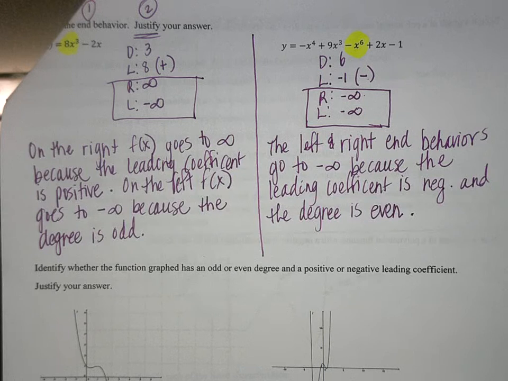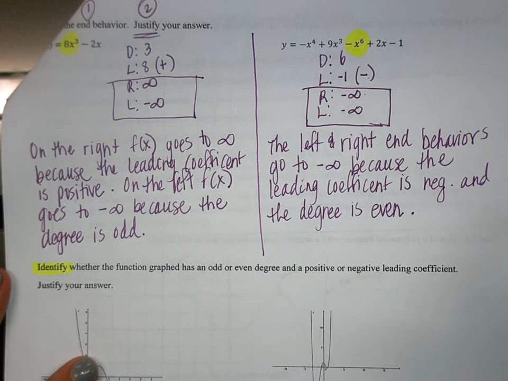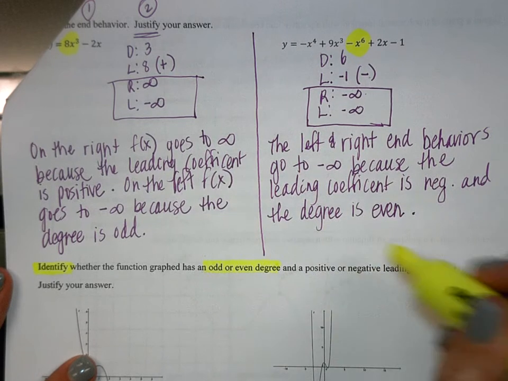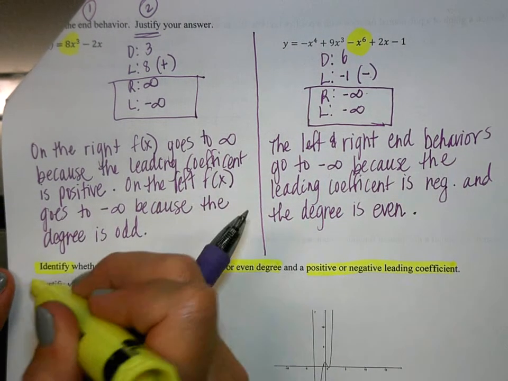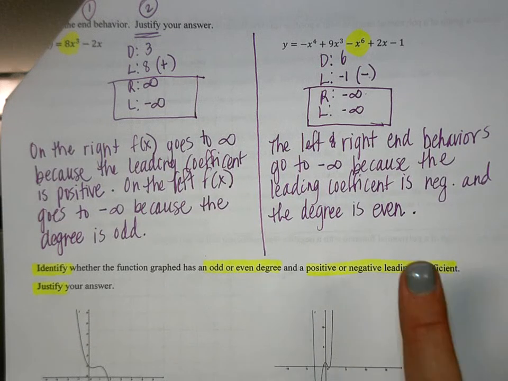Next part. It says identify whether the function graph has an odd or even degree and a positive or negative leading coefficient, and then we have to justify. So if we were to go through, and I actually have been teaching my children this at home, to read the question, figure out everything they need.